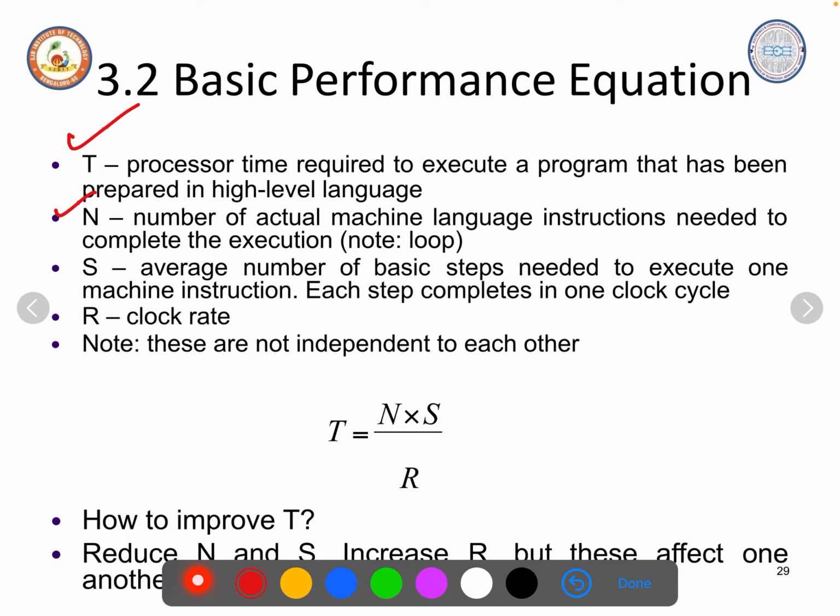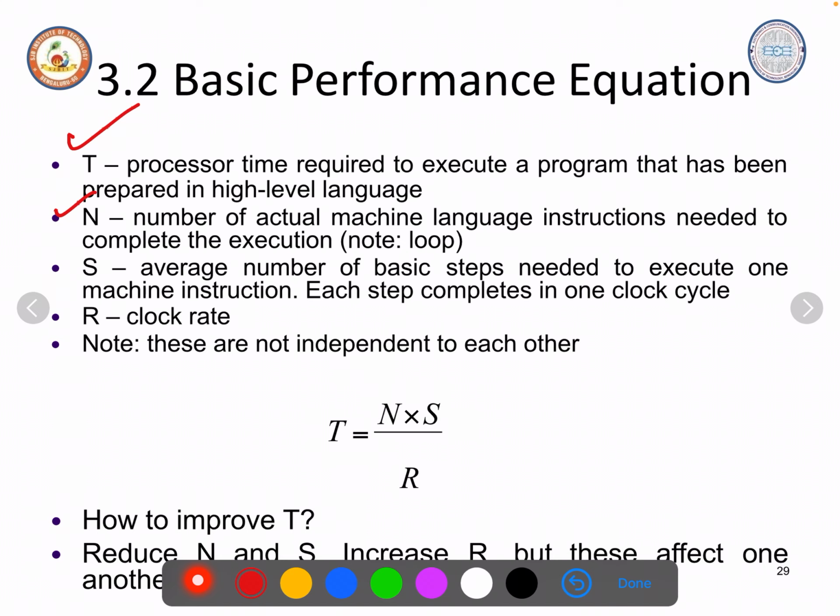Suppose you have a loop of machine instructions; first the high level language is converted into machine level language. So N is the number of actual machine language instructions needed to complete the execution, and capital S indicates the average number of basic steps needed to execute one instruction.